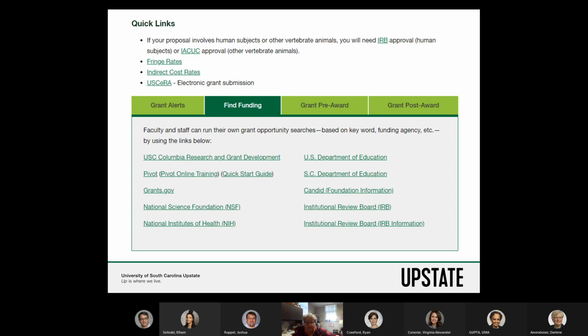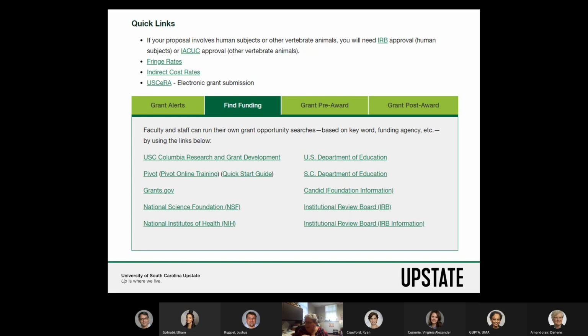Oh, one other thing that I should mention that I don't think I have a slide about in here. The Research and Grant Development Office has a listserv where they send out notices about grant funding, changes to grant policies, a whole bunch of really good information if you're going to be interested in pursuing grants.